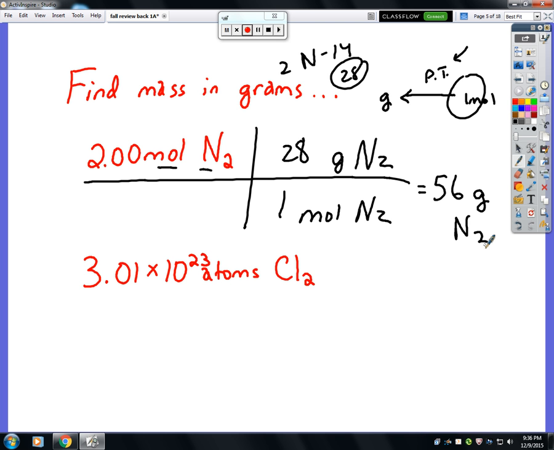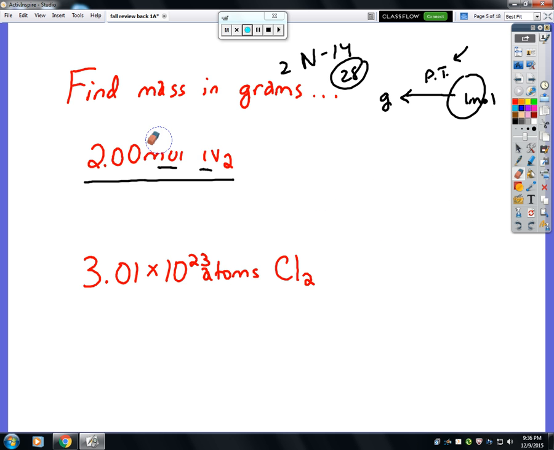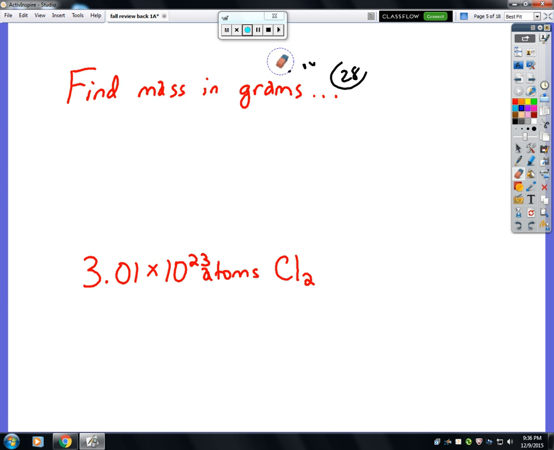All right. Now how am I going to do the next one? I have 3.01 times 10 to the 23rd atoms of chlorine. I want to go ahead and change that to grams. How am I going to do that? Well, I'm going to draw a mole map for you here. Get rid of this stuff. All right, and on my mole map, I'm down here.